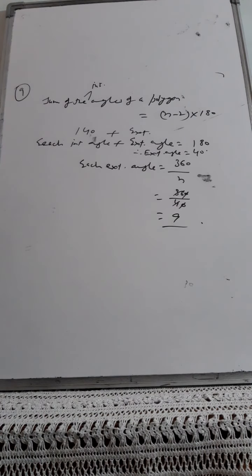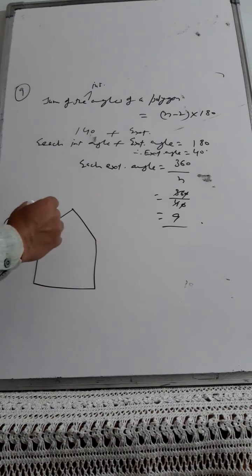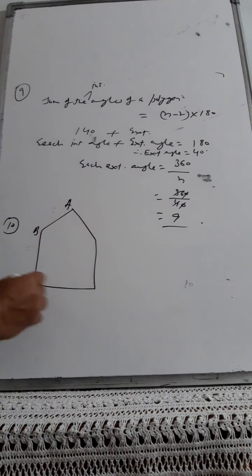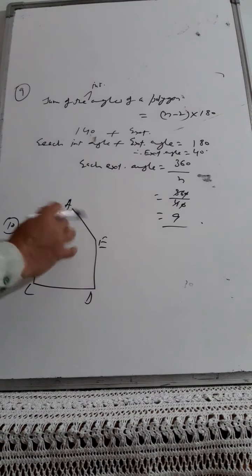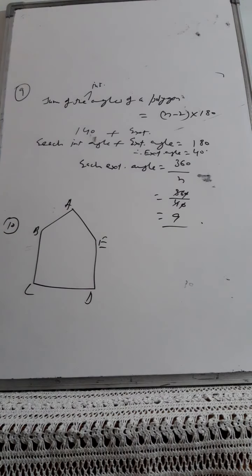Then in the 10th question, what you have to do here is draw a pentagon, a hexagon, a heptagon. So a pentagon you can draw like this. This is not a regular one. Where 5 sides are there? A, B, C, D, E. Now you can count 1, 2, 3, 4 and 5. Hexagon I have already drawn for you in your question number 5, where we proved the sum of the angles of a hexagon.